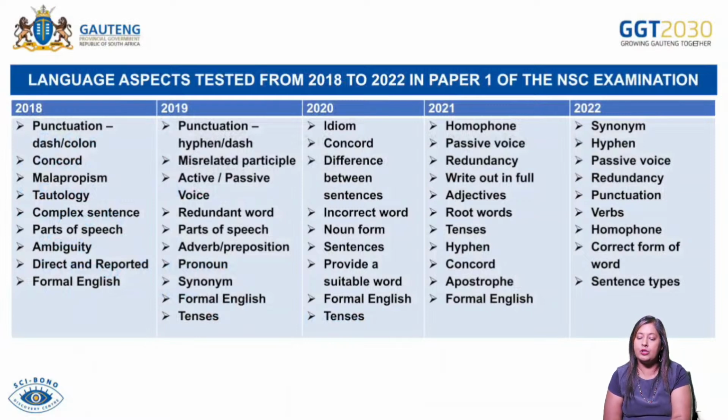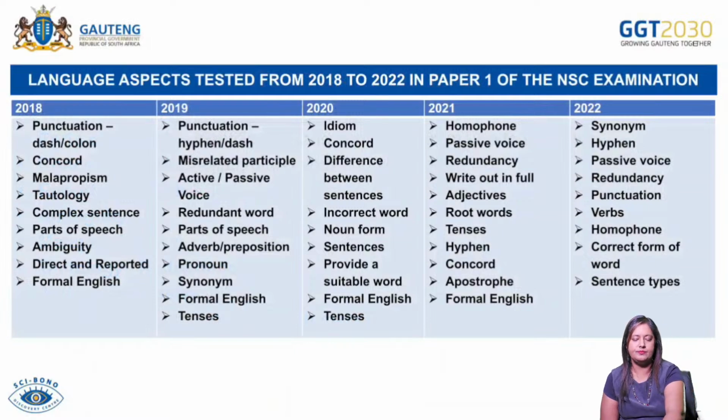And therefore, you need to be aware that you cover all of these aspects. It does seem like it's a lot. But if you start from day 1 and take 5 aspects and master those 5 aspects and move to the next 5 and the next 5, by the end of term 1, term 2, you would have mastered all of the techniques that need to be understood with the language structures.